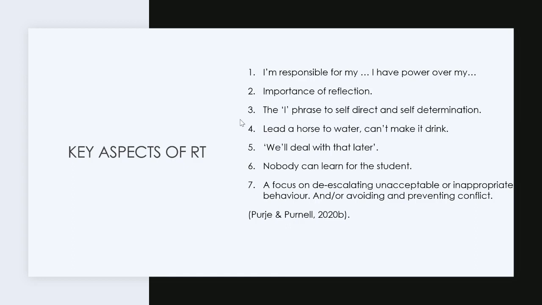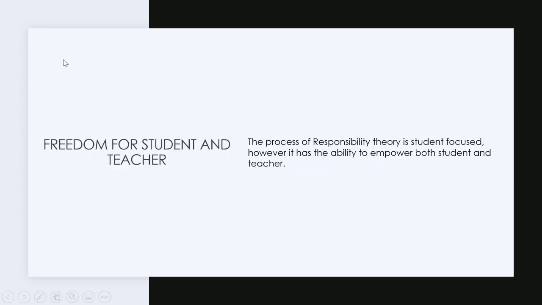Again, we'll circle back to what I spoke about moments ago, and it's the importance of preserving students' feeling of freedom and independence. Nobody can learn for the student, and a focus on de-escalating unacceptable and inappropriate behaviour and avoiding and preventing conflict. And this is at the heart of keeping good social connections between the teacher and the student.